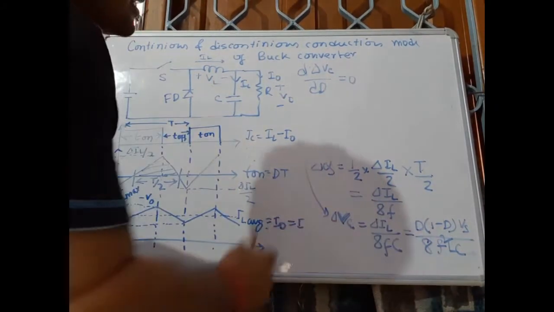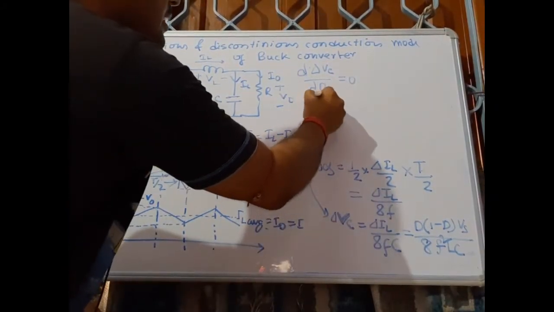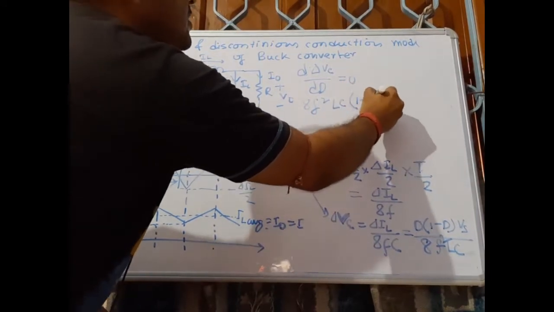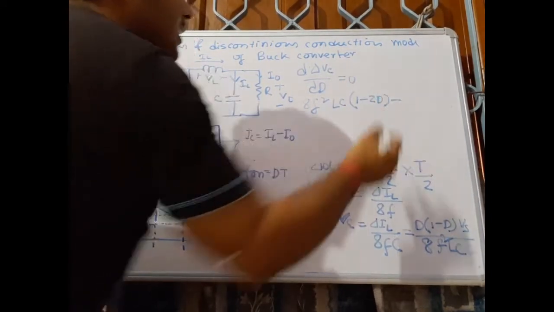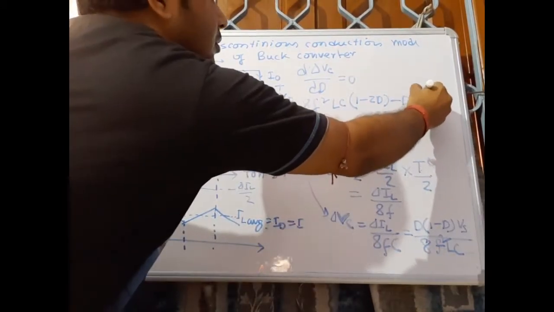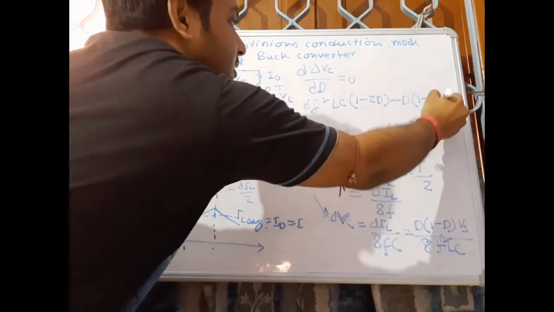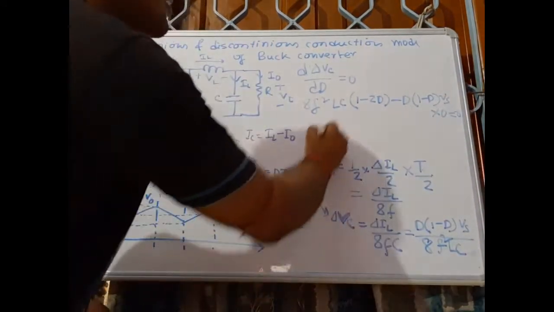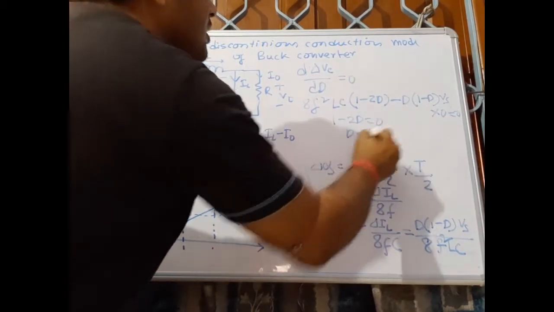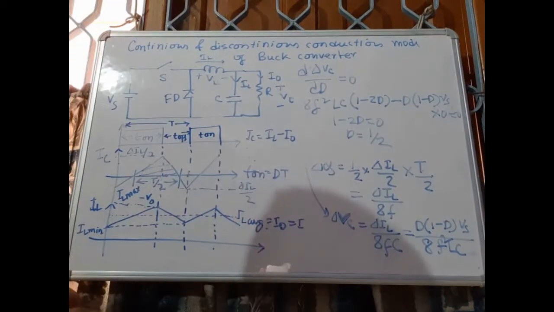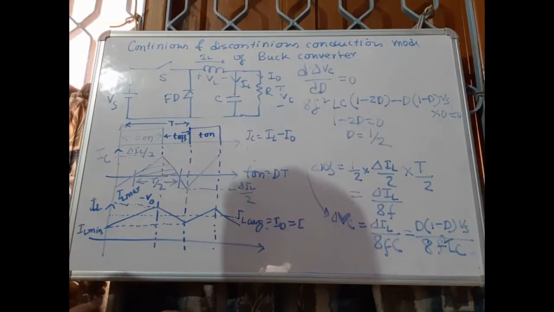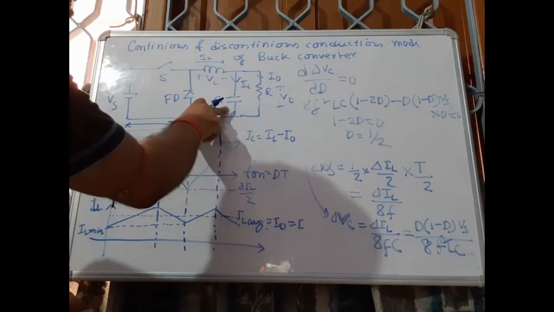If I do the derivative, we have 8 f squared LC, we have 1 minus twice D, Vs into 0 equals 0. So 1 minus twice D is equal to 0 and D equals half. So when the duty cycle is half, we will get the maximum value of ripple voltage across this capacitor.